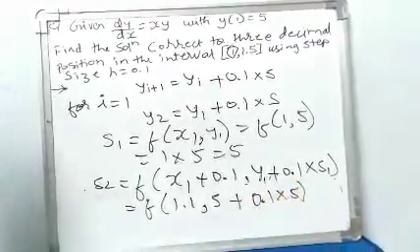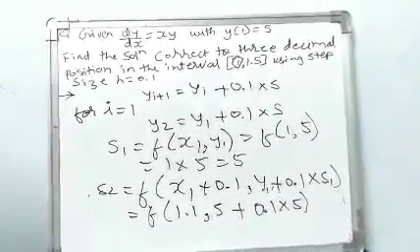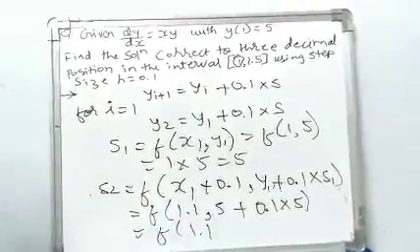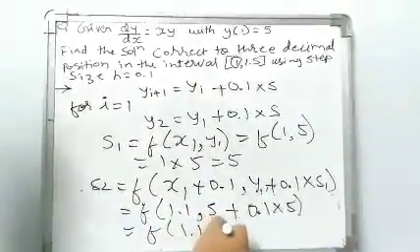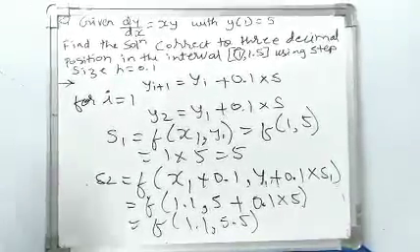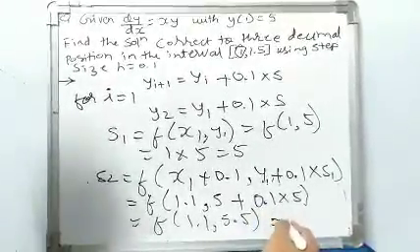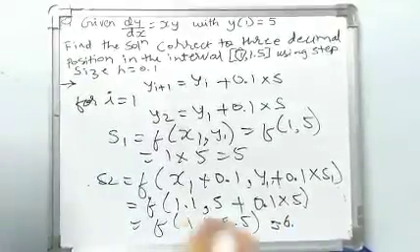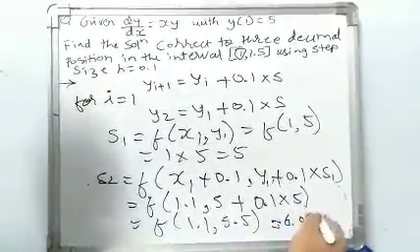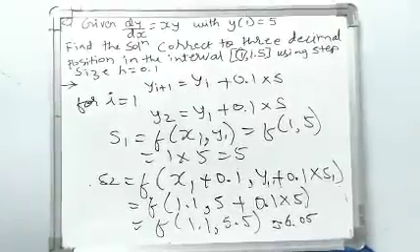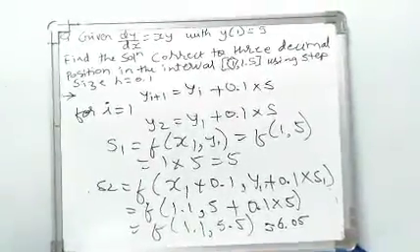So this will be our consideration. So f of 1.1 comma 5.5, which will be 6.05. So s2 is equal to 6.05.